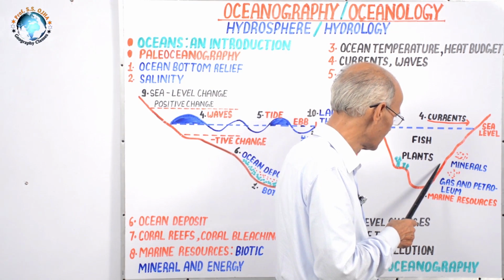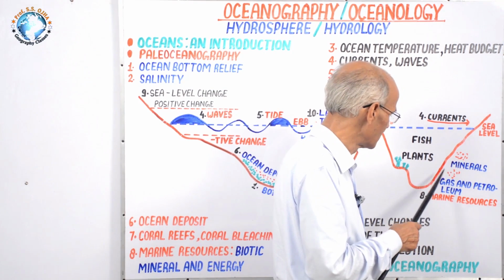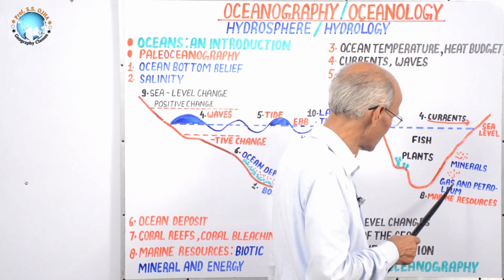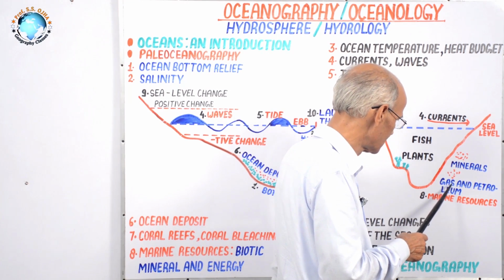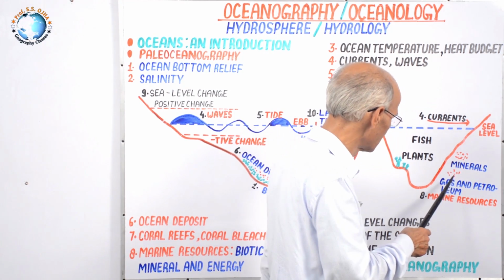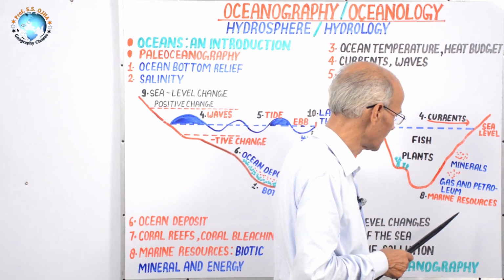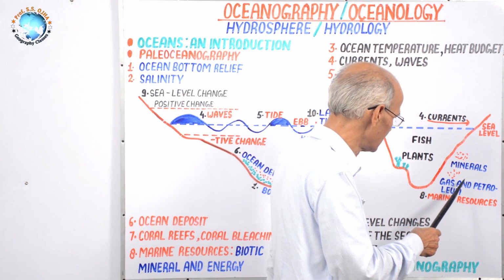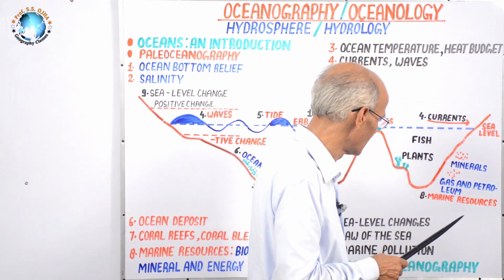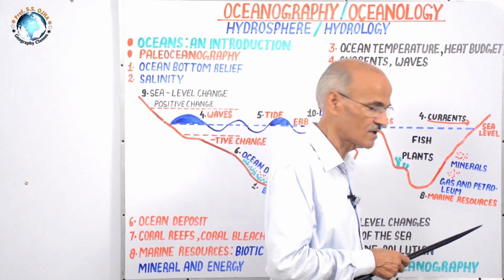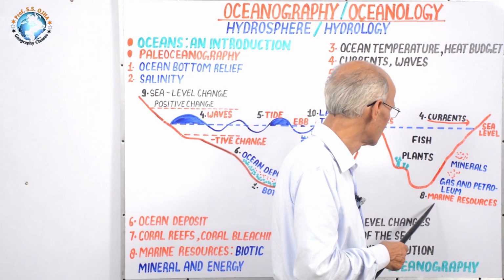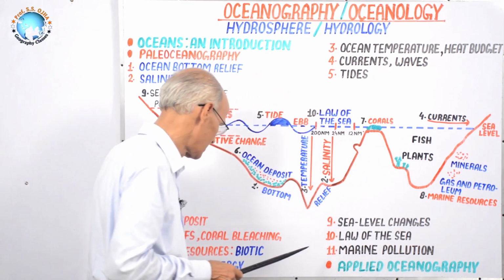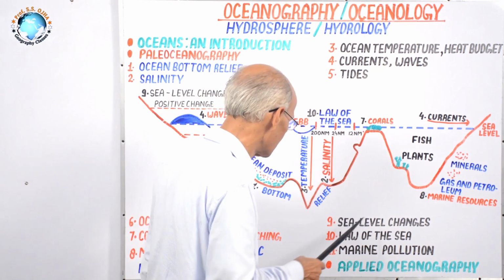Polymetallic nodules are formed at the ocean bottom, and these are a mixture of nickel, iron and others, which are excavated for human use. Likewise, gas and petroleum deposits are also found here, which are oceanic as well as offshore deposits which are mined and drilled all over the world, especially in coastal areas, for example Bombay High. Likewise there are mineral resources and mineral energy. And the next point will be energy resources.